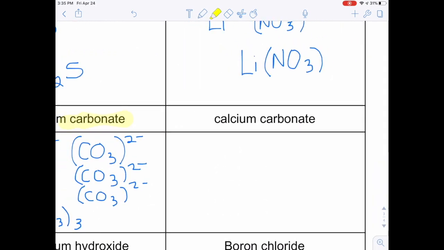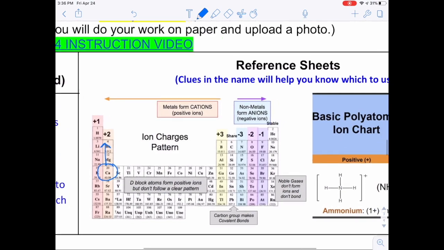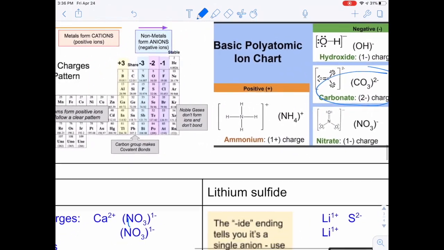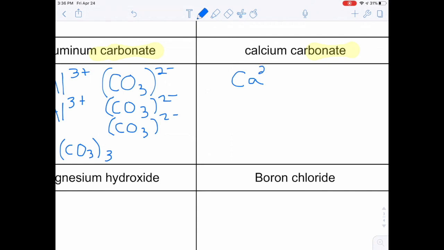Okay, I see another "ate" ending here. So calcium carbonate. Let's look for calcium. Calcium's here. That's a +2. And carbonate, we just did, that's the CO3 with the -2. So +2 and CO3 -2.